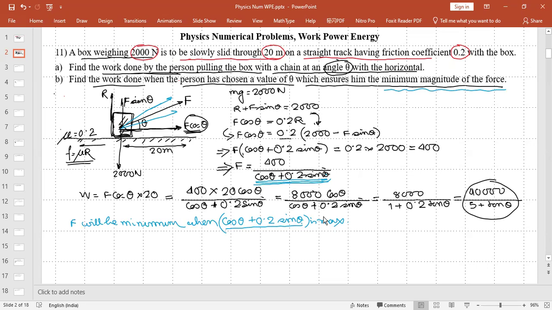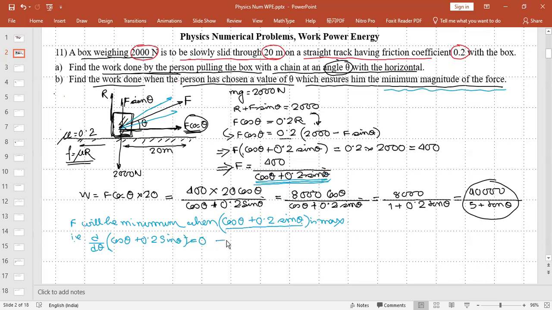F will be minimum when this is maximum. That is, you can write d by d theta of cos theta plus 0.2 sin theta is equal to 0.